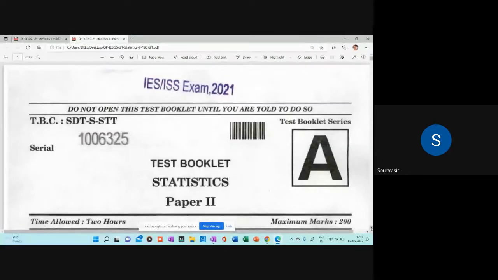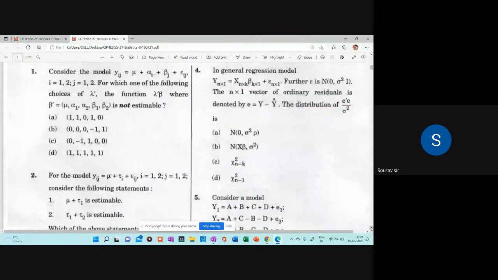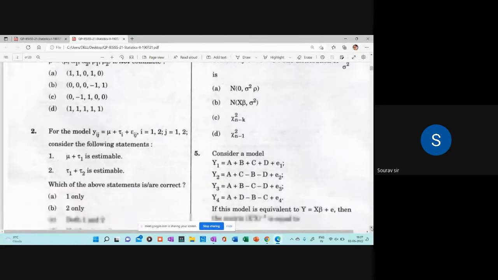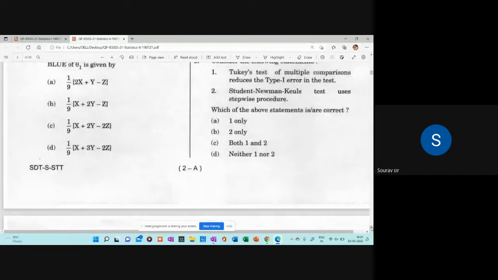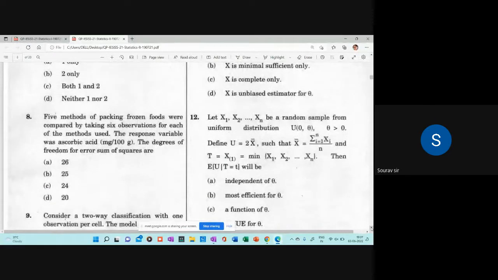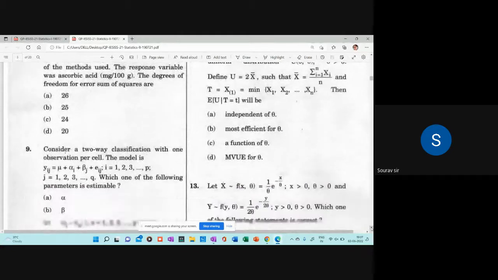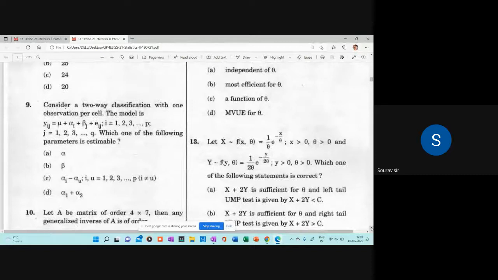So let's start with paper 2 first. There are many more questions to be discussed. Okay, I'm going to start with question number 9.